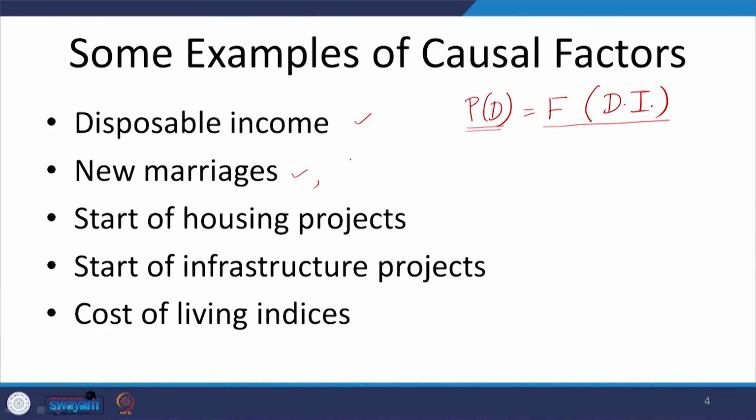Or you can have, let us say, some sports events, or you can think of some political events. Elections were held in 2019, and because of the general election, demand of certain products increased.